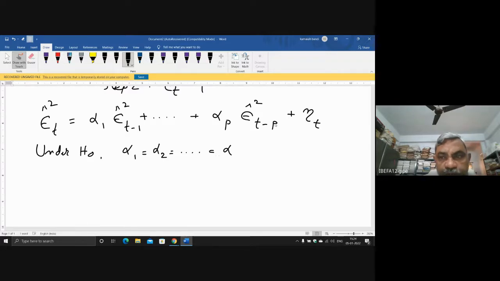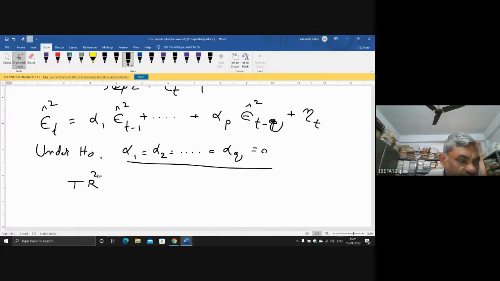If it is ARCH(q), then put this as q equal to 0. For this, the relevant test statistic is T R square, where T is the sample size and R square you get from the regression. T R square follows a chi-square distribution with q degrees of freedom, where T is the number of observations.